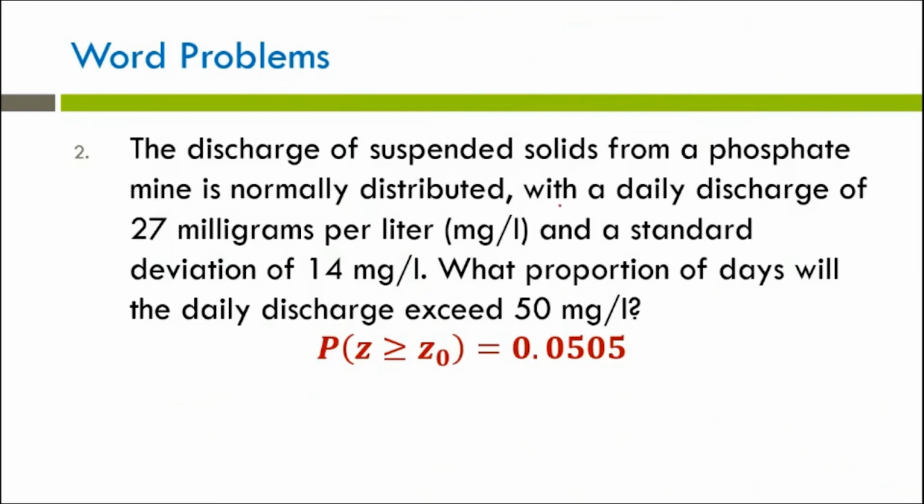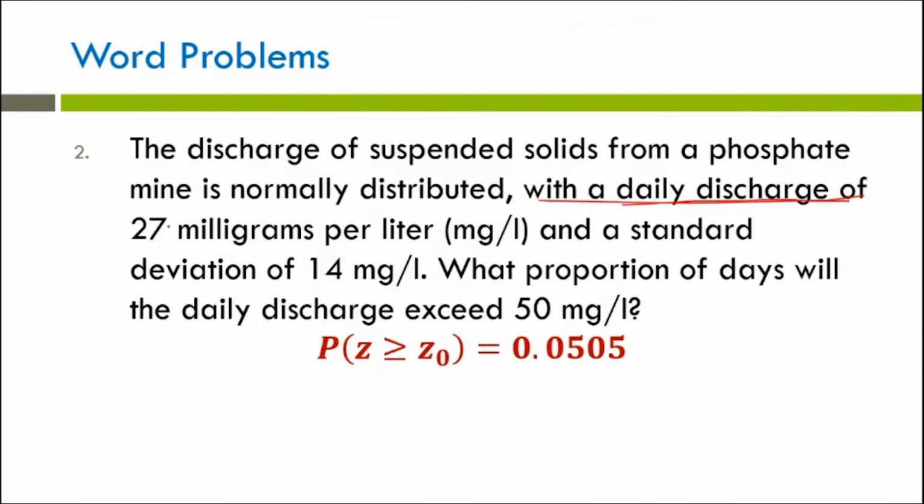We have here the discharge of suspended solids from a phosphate mine is normally distributed with a daily discharge of 27 milligrams per liter and a standard deviation of 14 milligrams per liter. So what proportion of days will the daily discharge exceed 50 milligrams per liter? Now, when we say daily discharge, we can associate it with the average discharge, right?